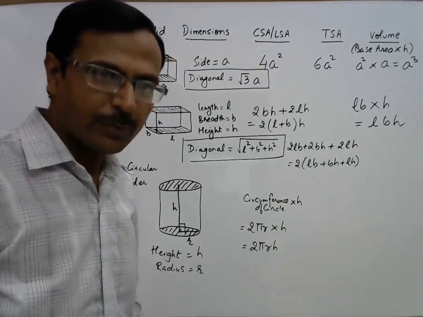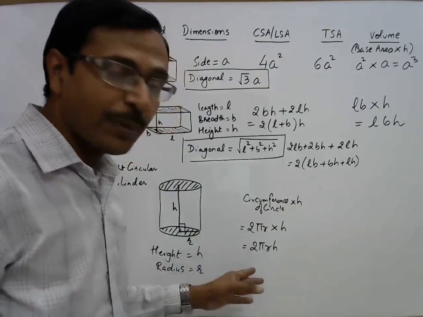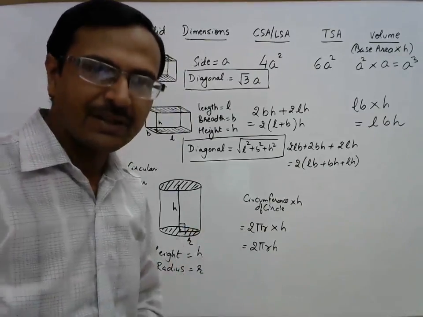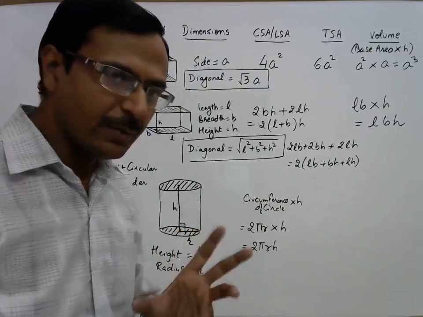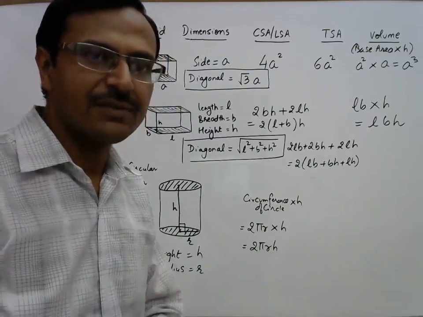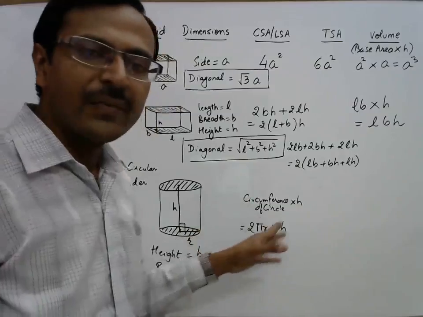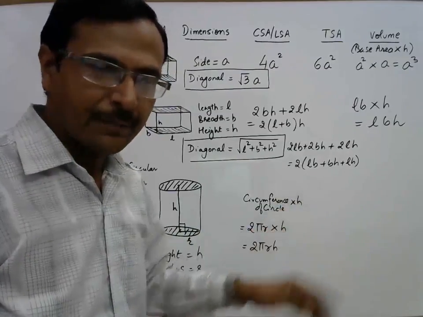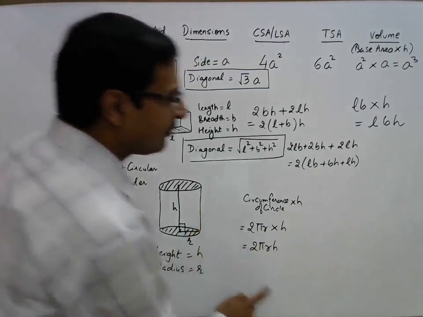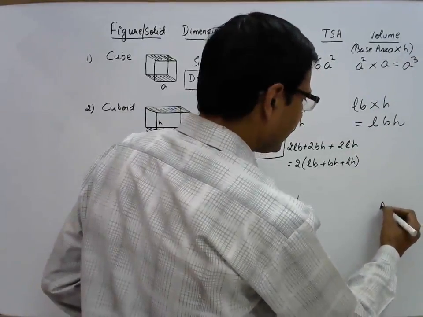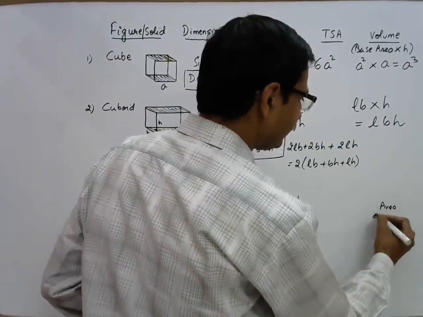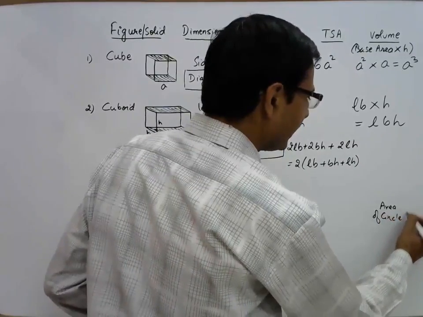Obviously, there are more methods of deriving this 2 pi rh formula, but for remembering the formula, you can use this particular method. Also, you can remember the formula for the area of a circle, which is pi r square, multiply it by height, and relate this formula with the volume formula. Now, what is the volume formula? It is the area of the circle multiplied by the height.